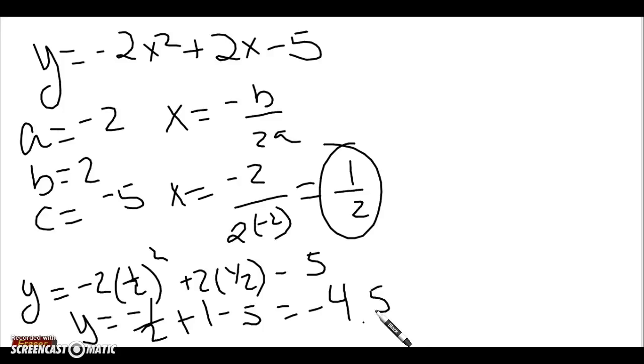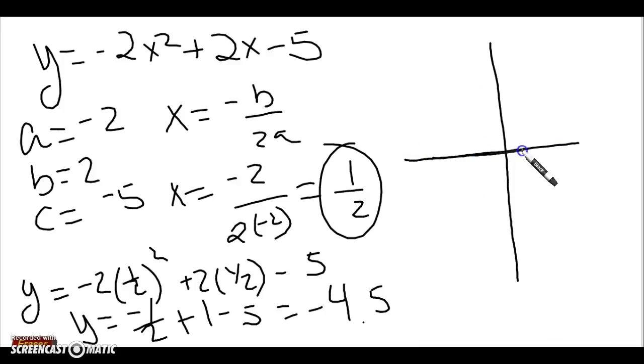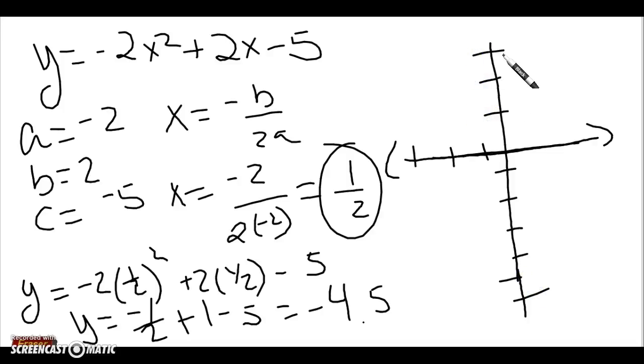And so I can now start to plot my graph. So I have 1/2 and negative 4.5. This is 1, 2, 3, 4, about right here, and this is about 1.